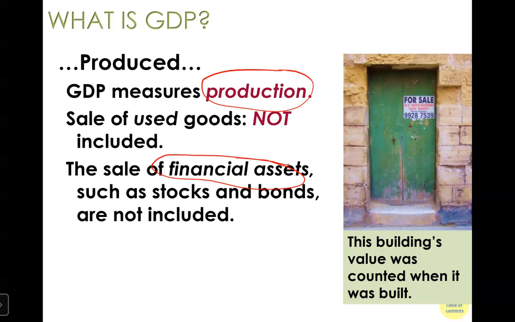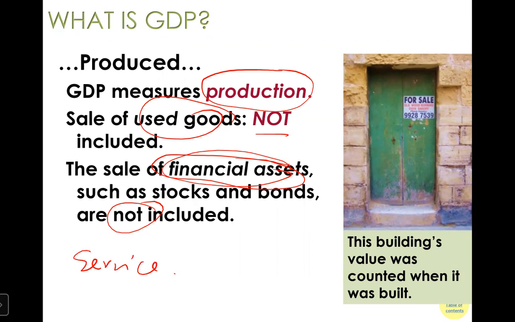Nevertheless, I want to emphasize that even though used goods and sales of financial assets are not included, in reality, and even in this theoretical framework, there are services associated with the transaction.